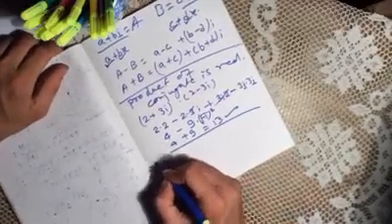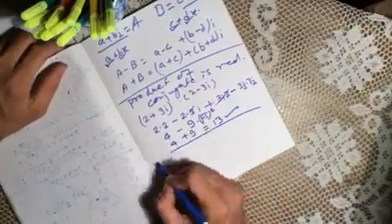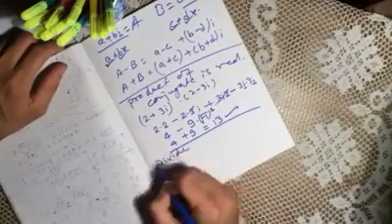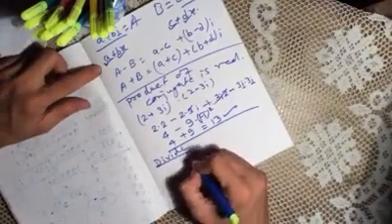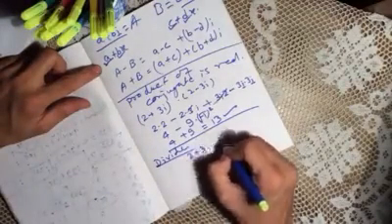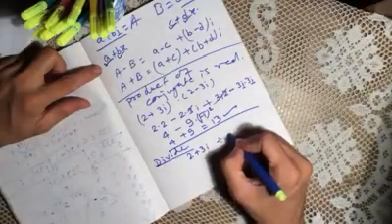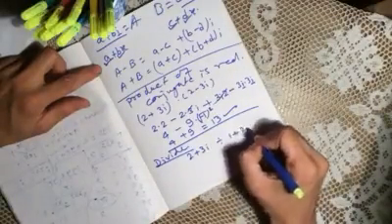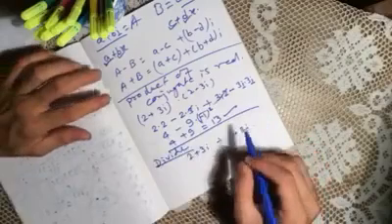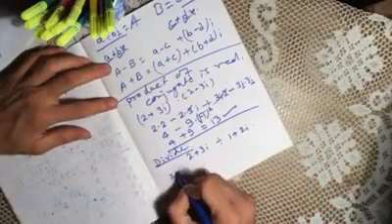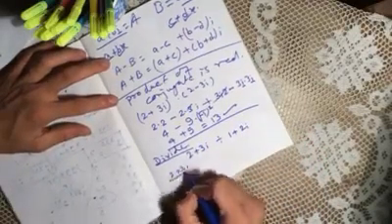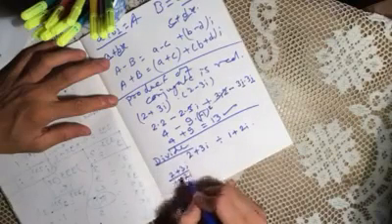Now for the division part, if you have to divide two complex numbers, let's say 2 plus 3i divided by 1 plus 2i. So in this case, don't worry, just do this: 2 plus 3i, and in the denominator 1 plus 2i. Now take care of it.